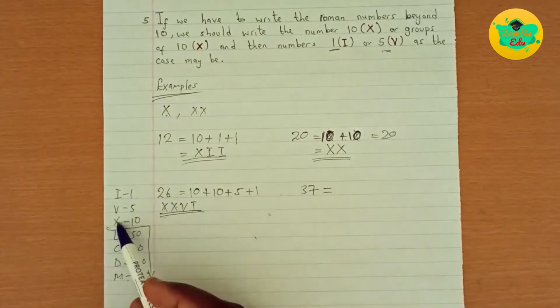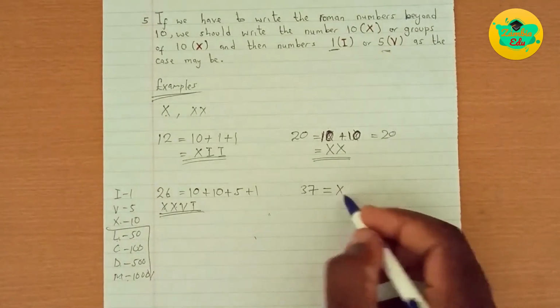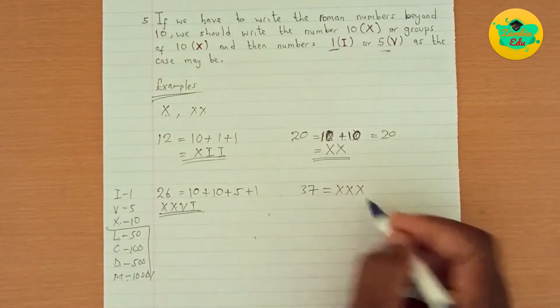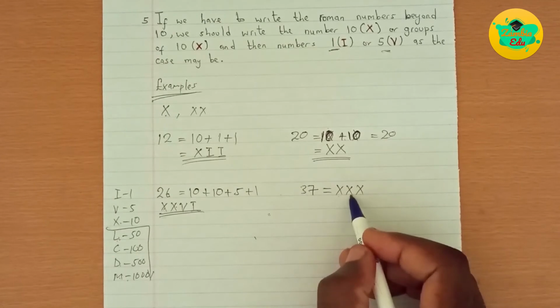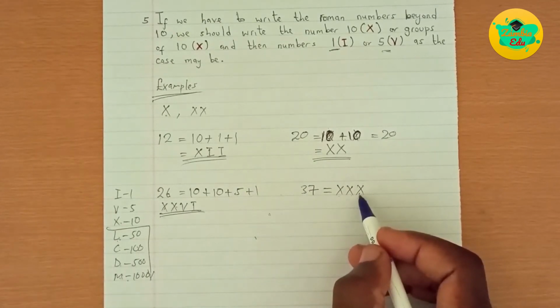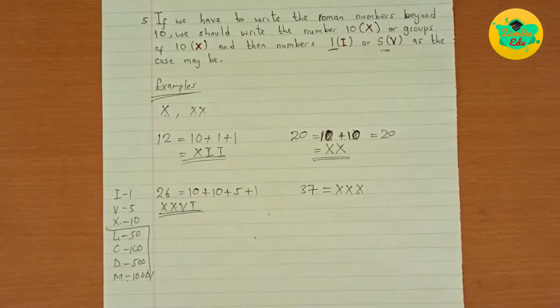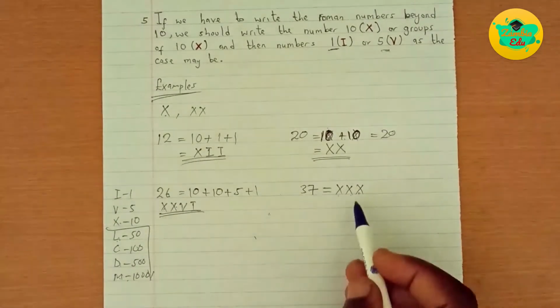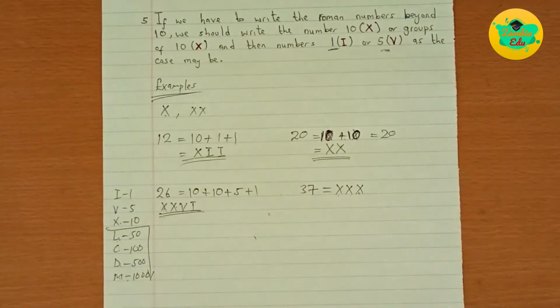So we're going to use groups of 10. So we have 1, 2, 3, which is 10 plus 10 plus 10. Remember, we cannot write another X to this because it will break rule number 1, which teaches that you can only repeat particular symbols thrice.